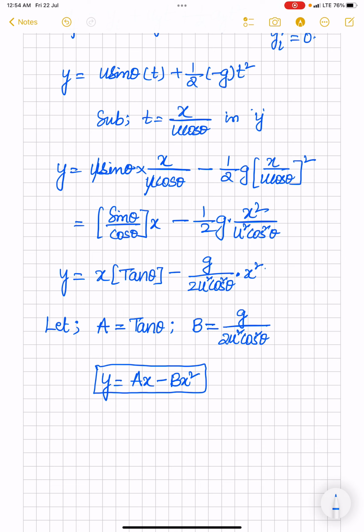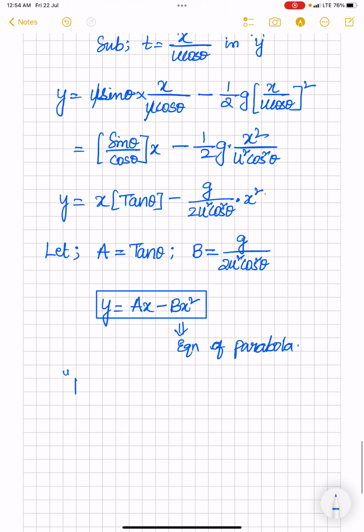So it represents a parabola. So the path of the projectile is a parabola. Hence proved, right children?